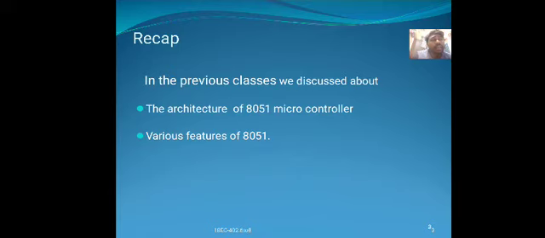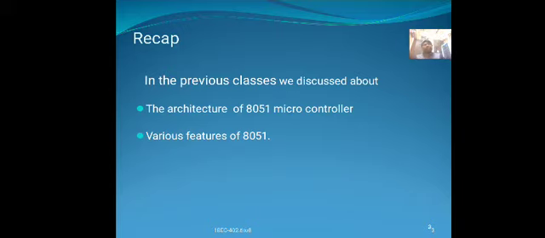After that we discussed the memory organization of the 8051: internal memory, external memory, program memory, data memory. Then the interrupt structure of the 8051: external interrupts, internal interrupts and timer interrupts. We discussed this topic also.